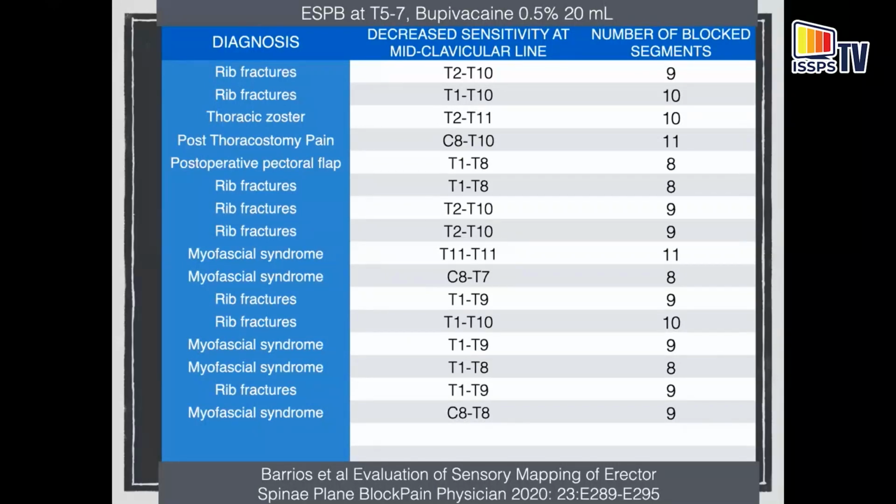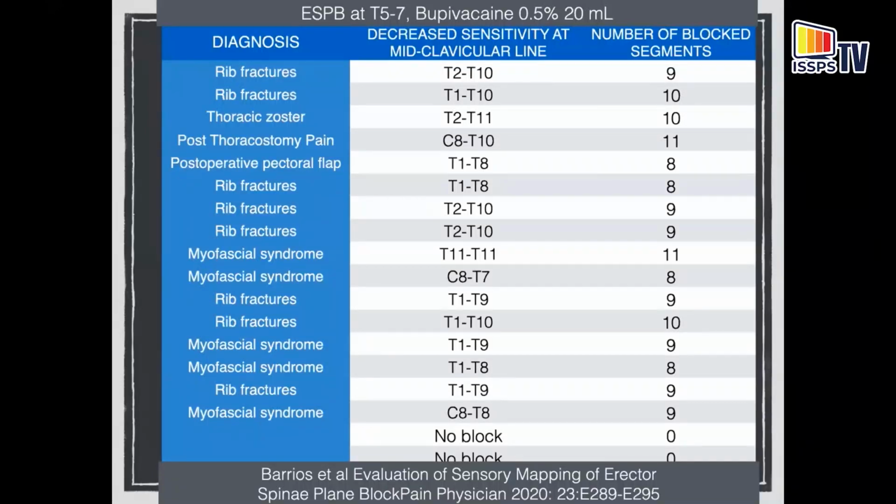And the spread involved the ventral rami, because the sensory block there is being measured in the mid-clavicular line. Of note, there were 2 patients out of the 18 where there was no block, so there was a failed block. So no technique is perfect, we know that.